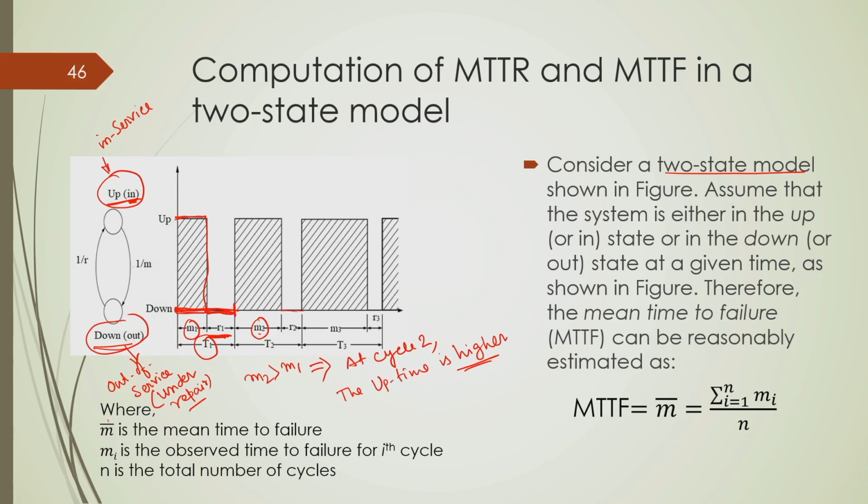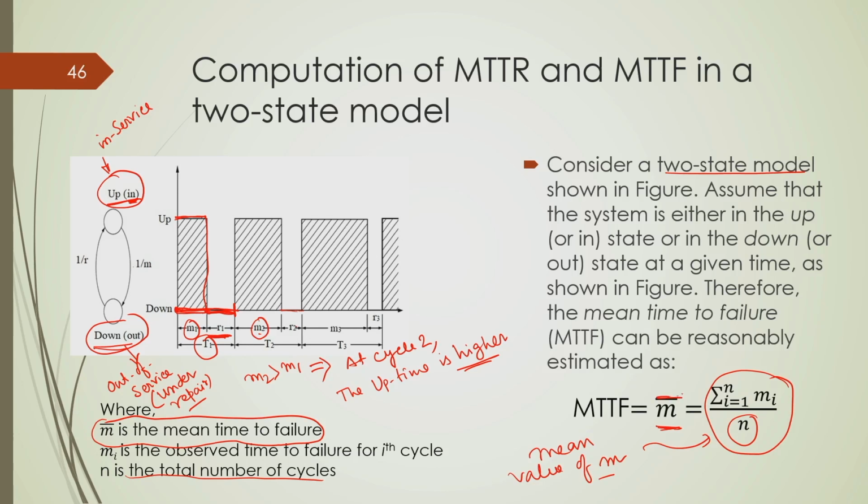So, that is why we take the mean value of this in service time. It is also called mean time to failure, and it is represented by m bar. Okay. If we have n number of cycles, where n is the total number of cycles and definitely has some finite value, then if you sum up all the m values for different cycles and divide by n, this represents the mean value of m, represented by m bar.